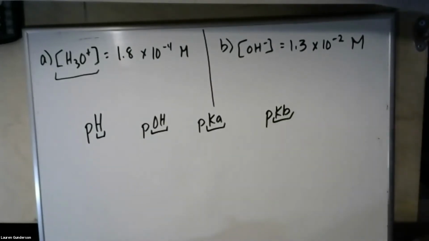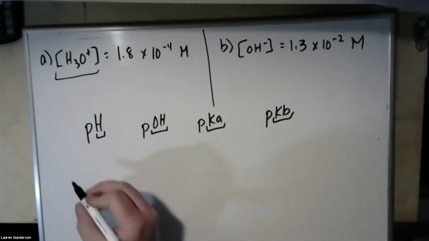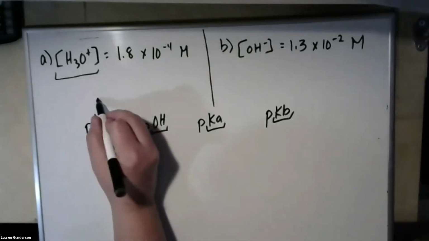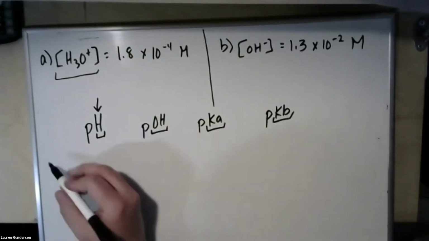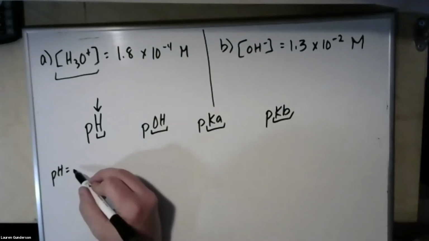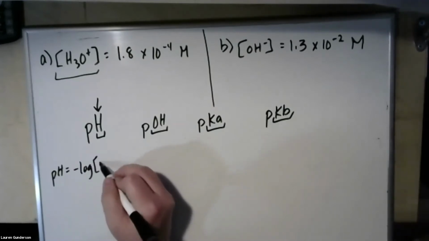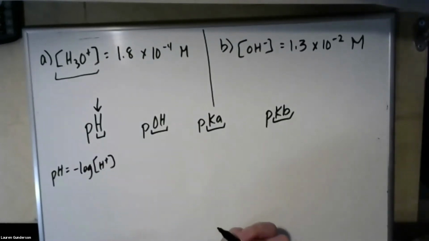And you're going to calculate these P values, I guess we can call them, the same way. We're going to take the negative log of whatever this thing is that they're indicating. So to find the pH, it's going to be the negative log of our hydrogen ion concentration.